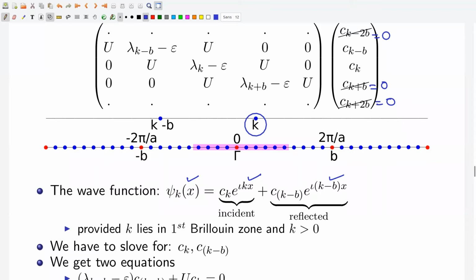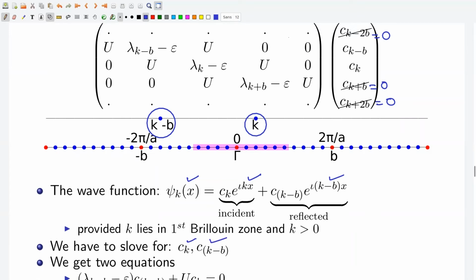On the other hand, k minus b is less than 0. Thus, the reflected wave e^(i(k minus b)x) is traveling from the right to the left of the lattice. We are looking to solve for c_k and c(k minus b).